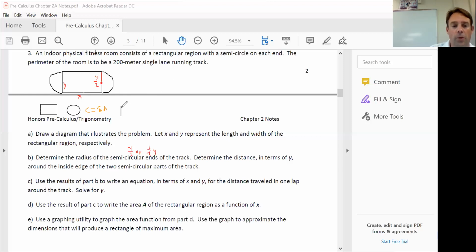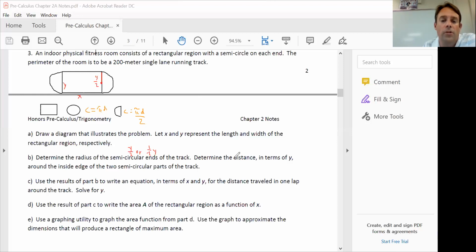So if a circle is pi times diameter, that means the circumference of just half of that would be, and I'm going to put c there, even though it's not full circumference, pi times diameter divided by 2 because it's half of the circumference. So that would be the measure of that arc.